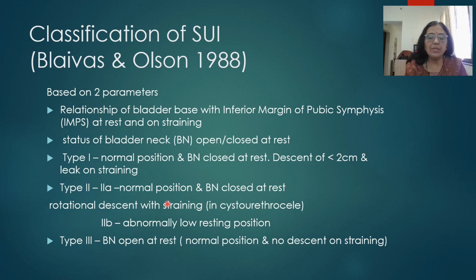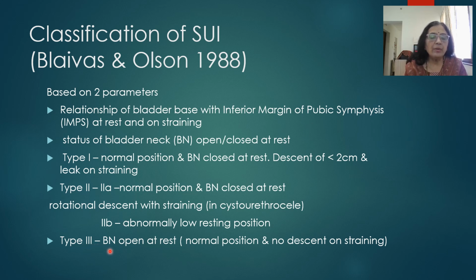And with POP, if there is stress urinary incontinence, it is type 2A. Type 2B is when at rest only, the bladder base is abnormally low. It will be at a lower level with respect to inferior margin of pubic symphysis at rest. Then it is 2B. And the descent will be greater than or equal to 2 centimeters.